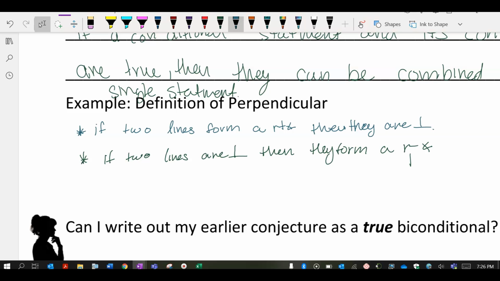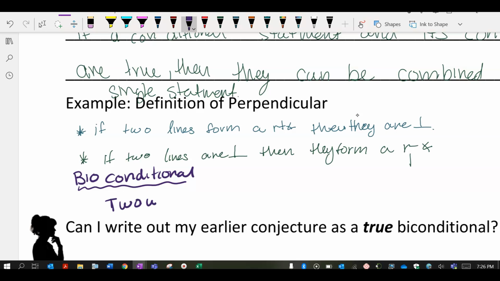So now let's write it as the biconditional. The biconditional will be: two lines are perpendicular if and only if they form a right angle.